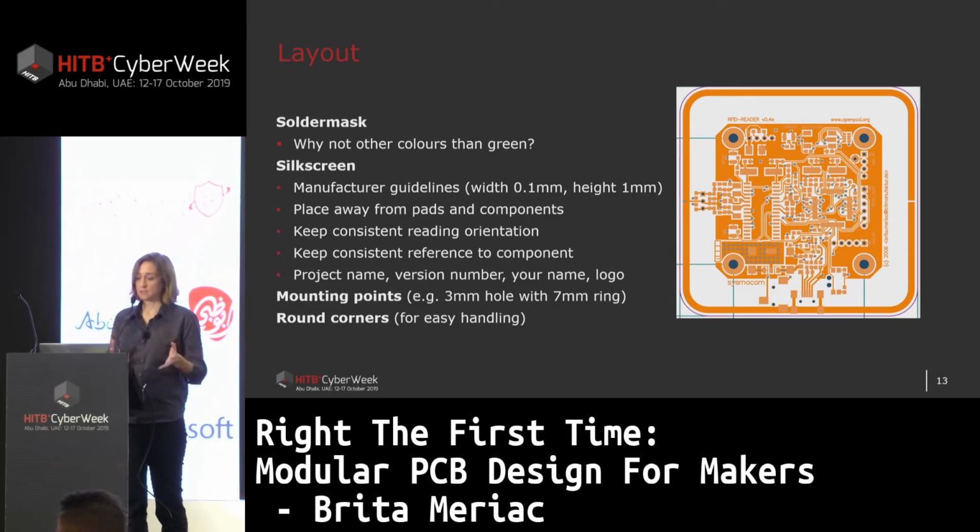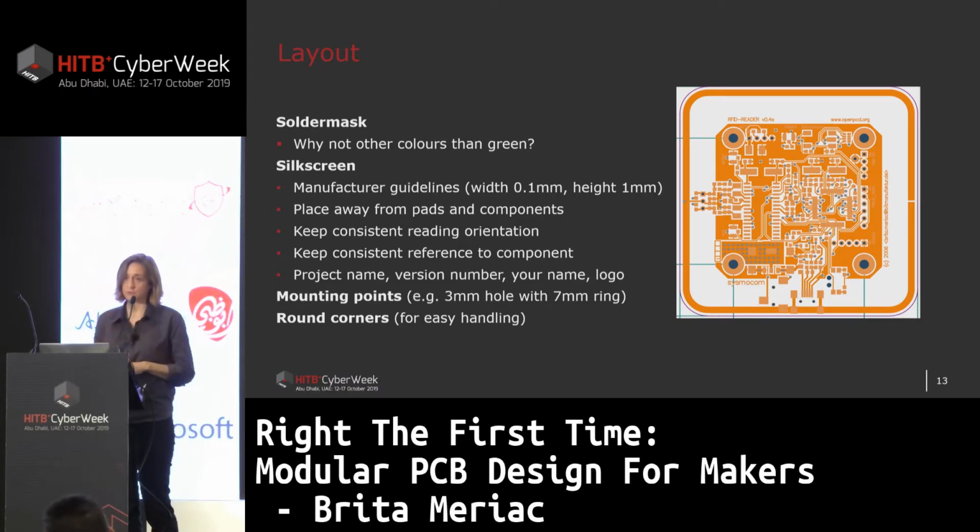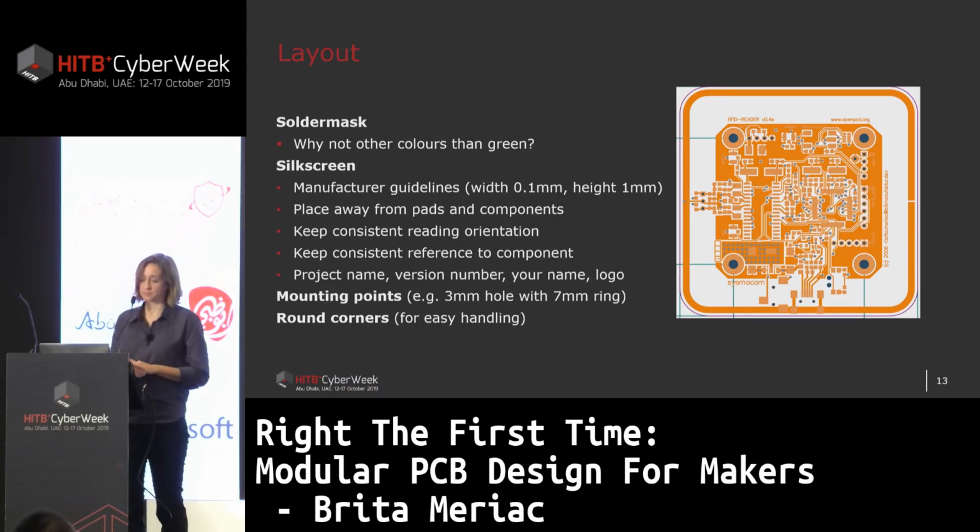Also, keep it consistent where to put the designator, so always left of pin 1 or always above pin 1, which helps a lot to find your components. And the silkscreen layer is also where you can include logos and graphics, definitely your name, your project name, and not to forget the version number.